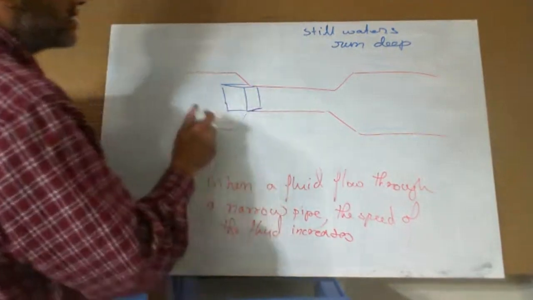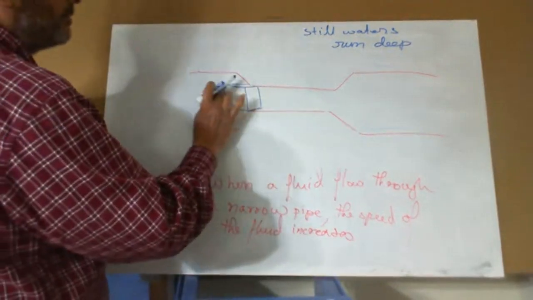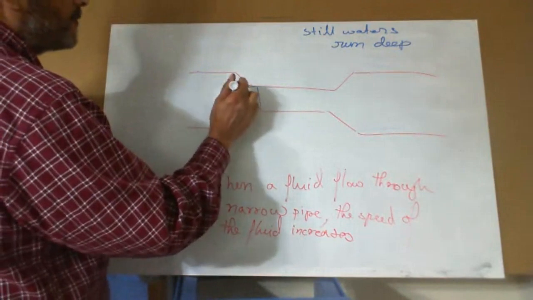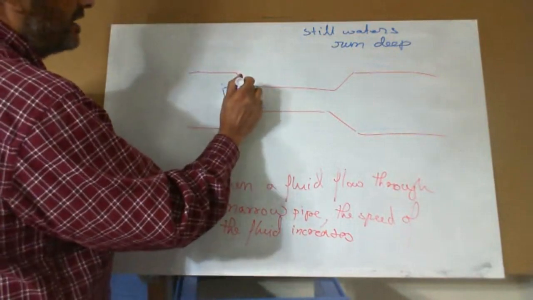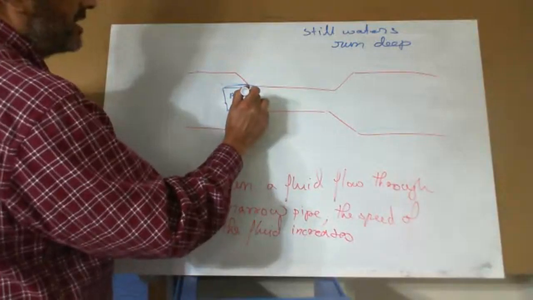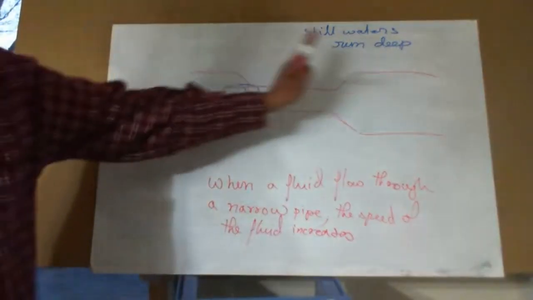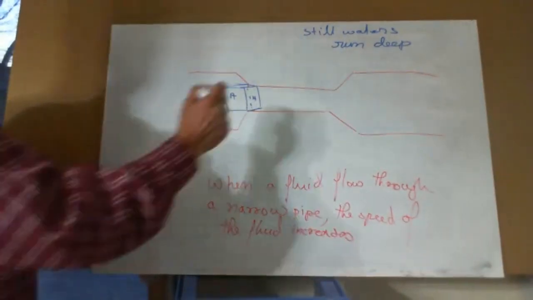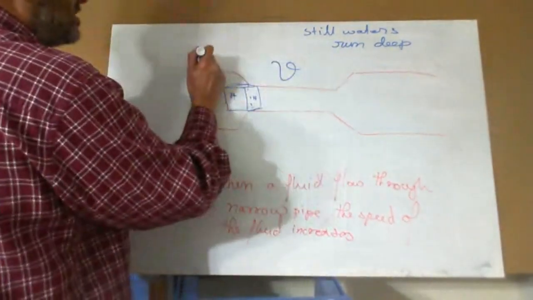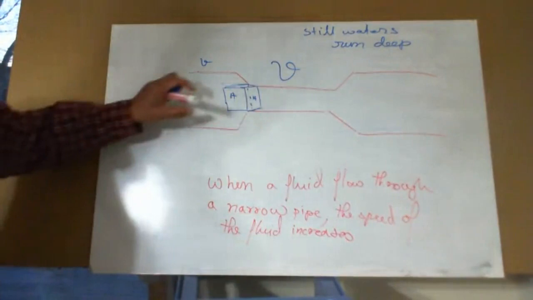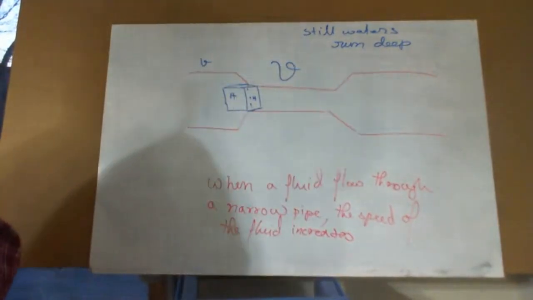Can you see the area here and the area on the other end are the same? Now, because it's narrowed, the speed here is larger than the speed here. Anytime it narrows, the speed gets larger.